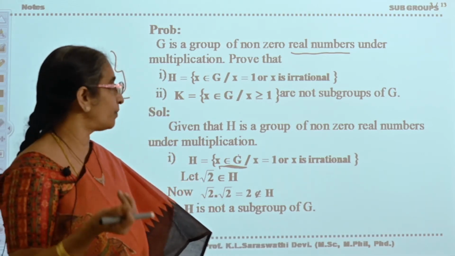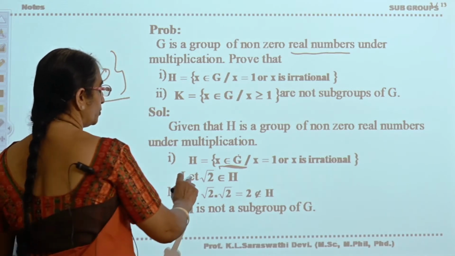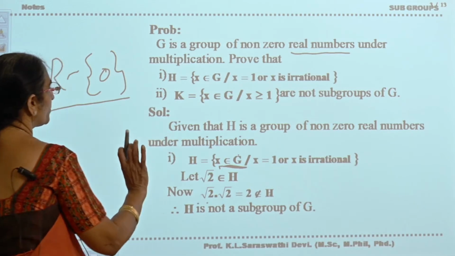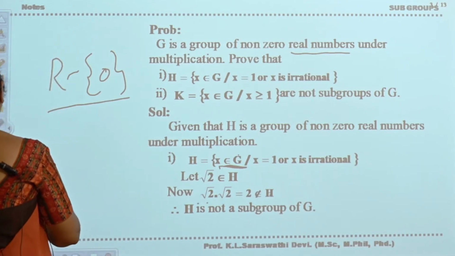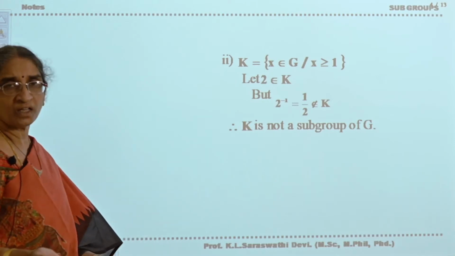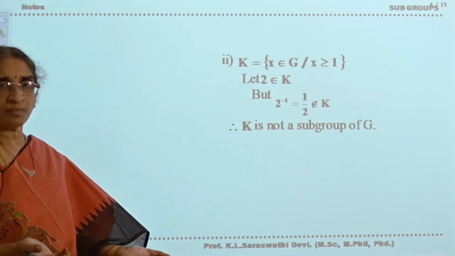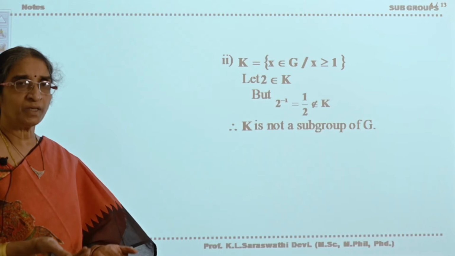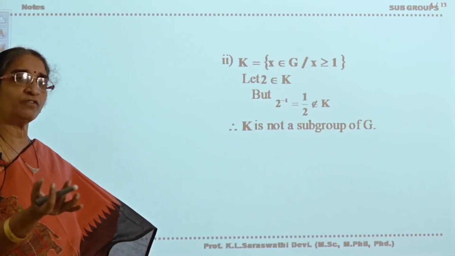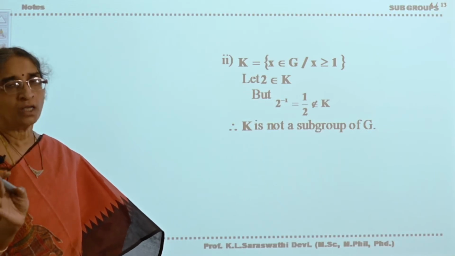That you have to remember. Now root 2 belongs to H, but its product does not belong to H. The closure property itself is not satisfied. Therefore it is not a group. Because it is a non-empty subset which is not becoming a group with respect to the operation of the main group, it is not a subgroup.